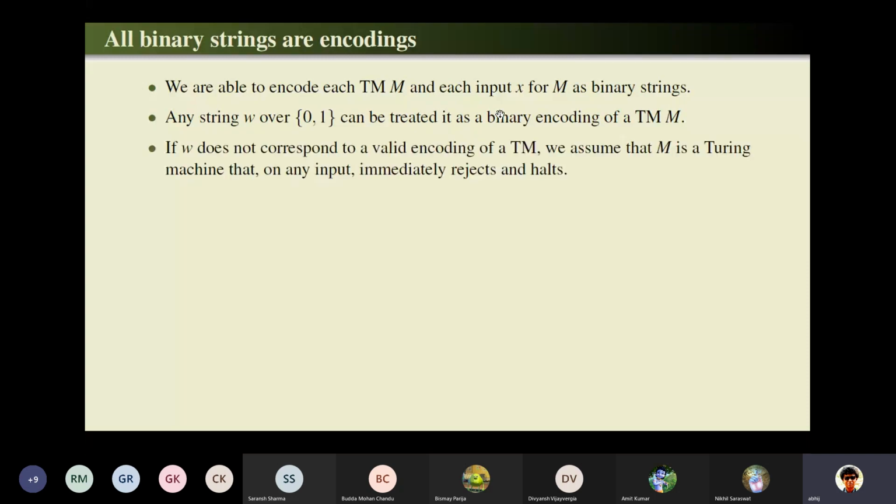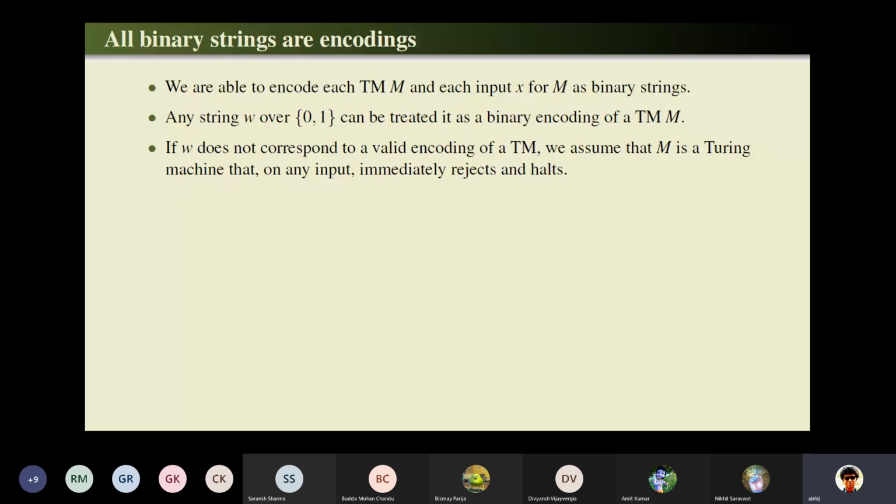If it is not valid, then we can simply make the assumption that it stands for a Turing machine which upon any input immediately rejects and halts. Not an assumption, I would say, some kind of convention like that. So with this convention, every binary string becomes a Turing machine.